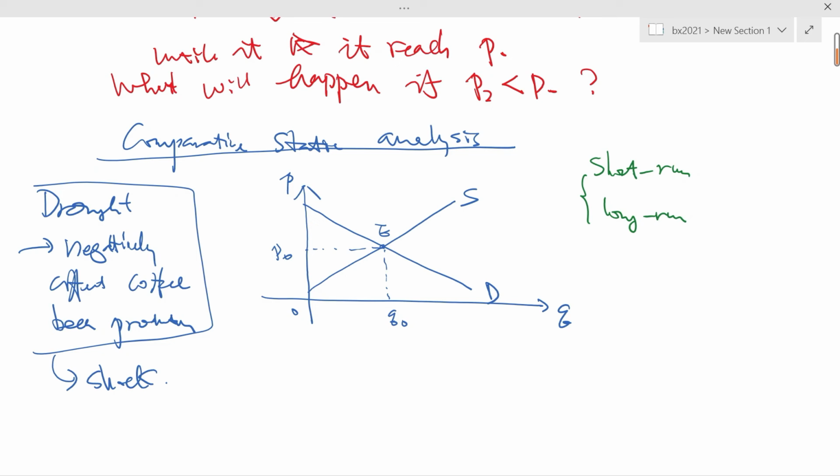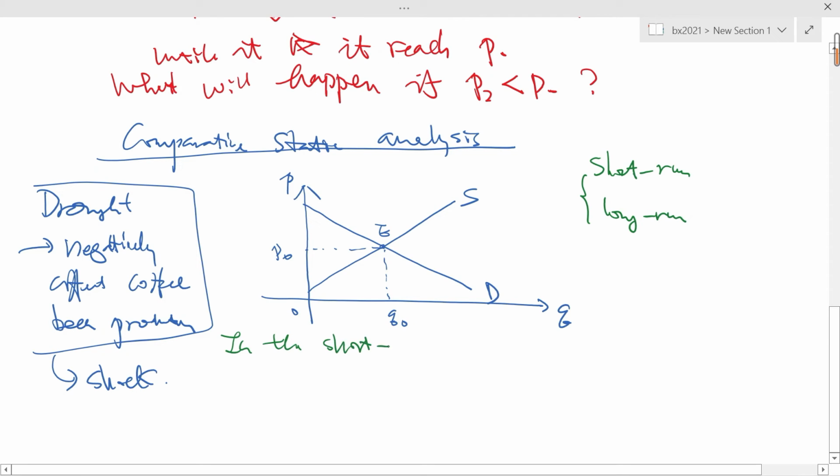All right. So in the short run, due to the drought, there are fewer coffee beans. The cost of coffee beans increases.